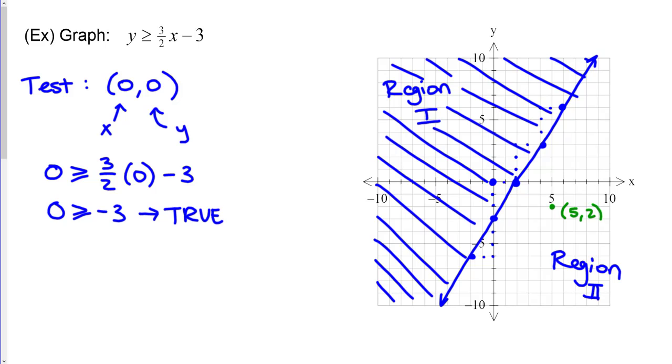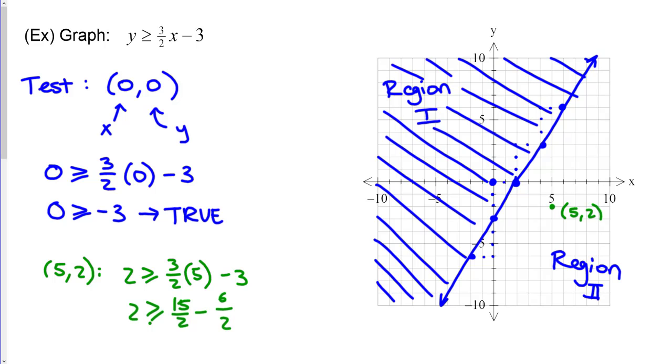So to show you that, (5, 2), if I plug that in, I would have 2 is greater than or equal to 3 halves times 5 minus 3, or 2 is greater than or equal to 15 halves. And in order to combine, I need to get a common denominator. So I need 3 with a denominator of 2. So that's going to be 6 halves.